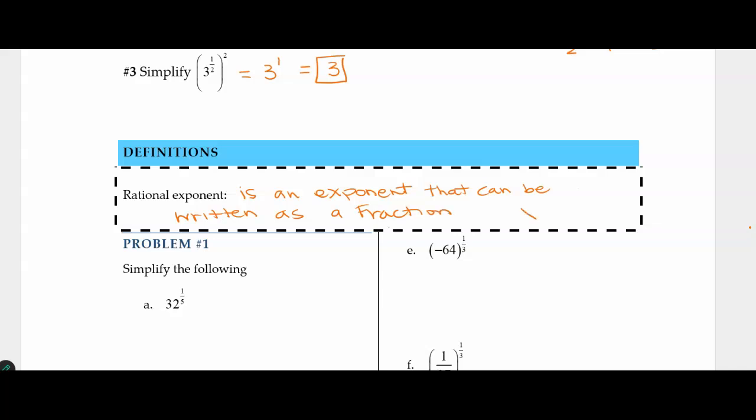So something like x to the 3/2 power, right? So that 3/2 is a rational exponent or a fractional exponent.